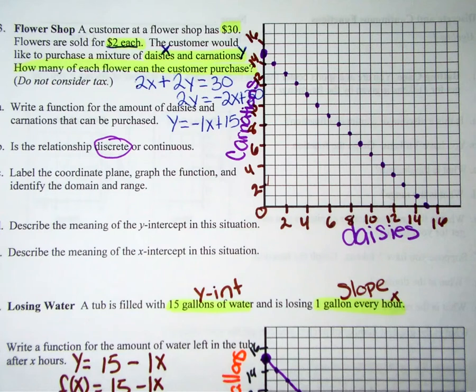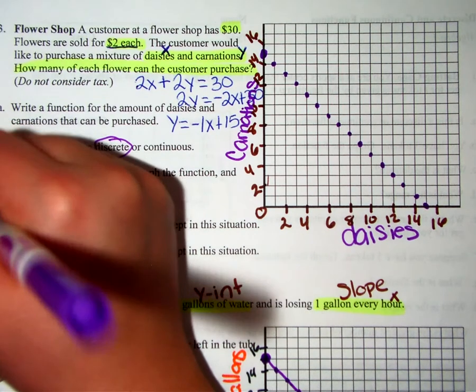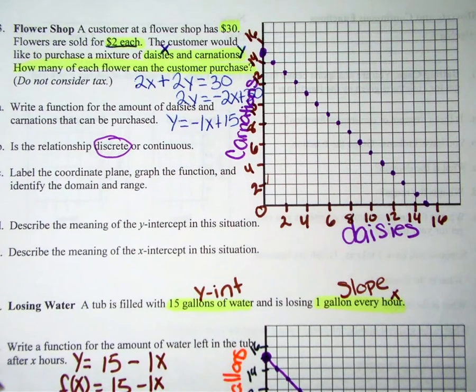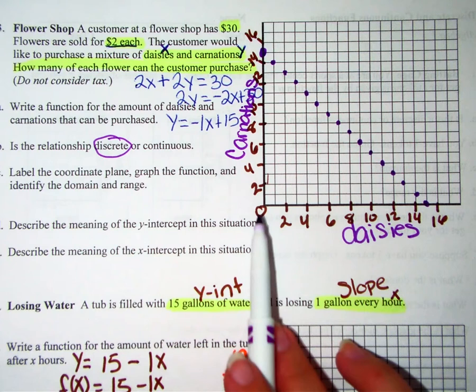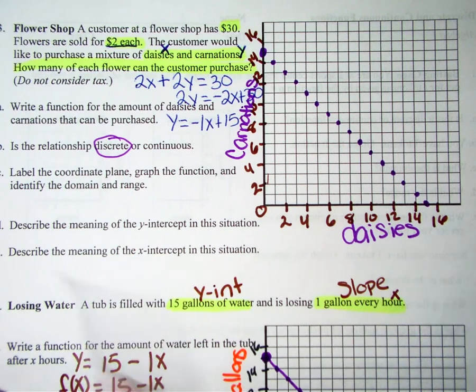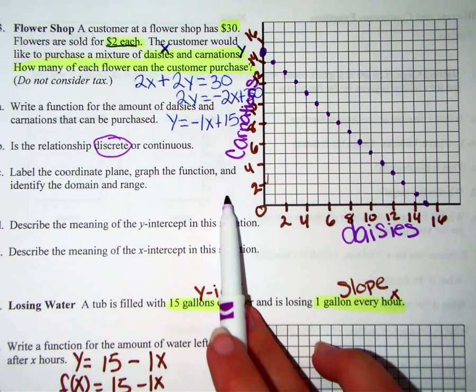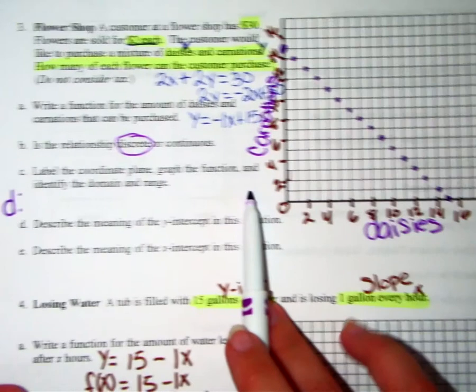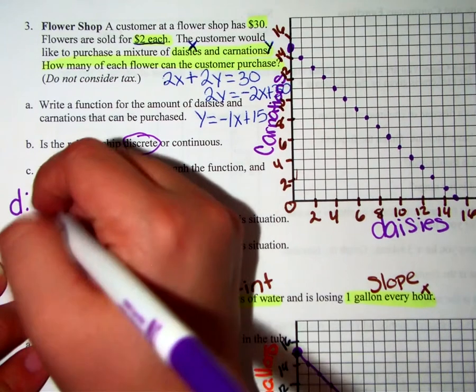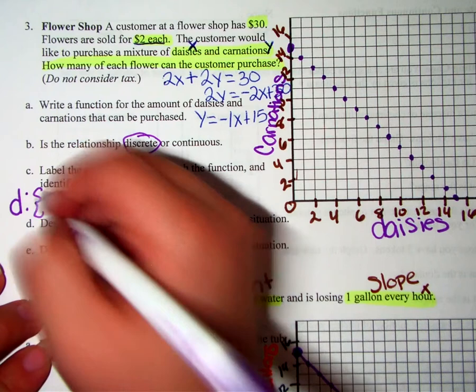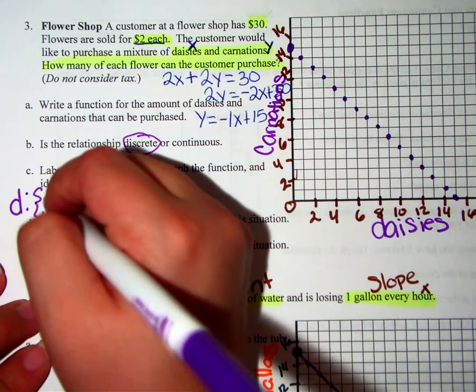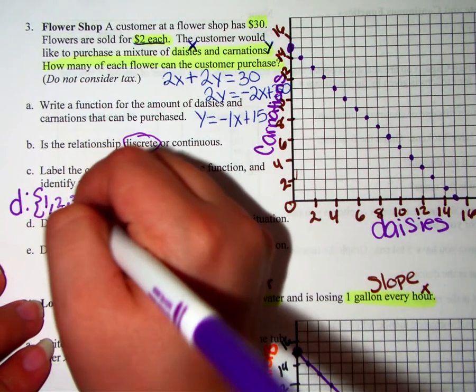Now I need to determine what is the domain and what is the range. Now, since it is discrete, do I need to use my alligators, the inequalities? No, I need to list every single number. Well, writing 1 through 15 is going to take up a lot of room, and I don't have that much room on here for both the domain and the range. So I'm going to start off as if I was writing it out. So I'm going to go 1, 2, 3.